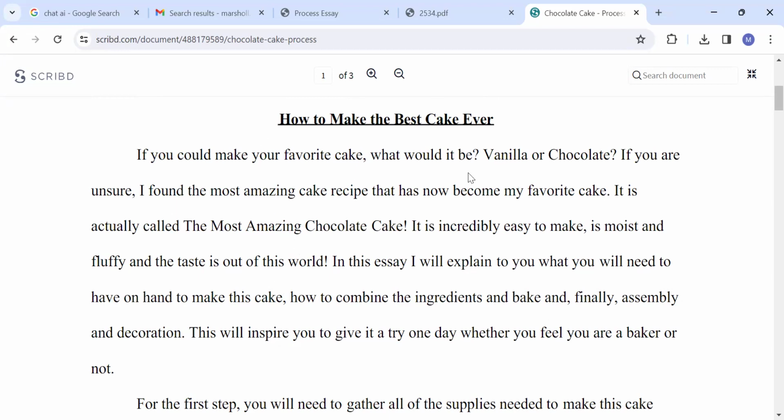She has put into context that this is the most amazing chocolate cake and it's so moist and fluffy and it's so exciting and easy to make. And then she follows up behind all of that clarification and contextualization with her thesis statement. What am I going to teach you? What you need, how to use them, how to combine them, and how it's going to be in the end.